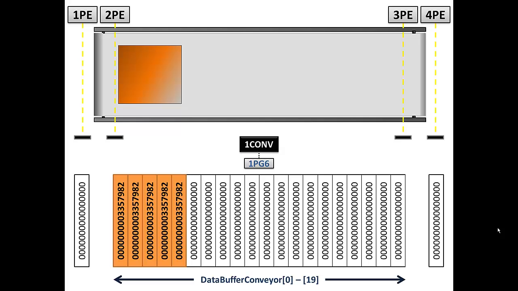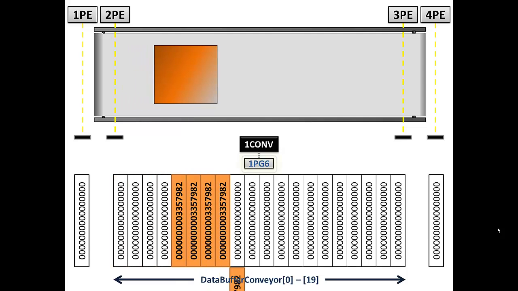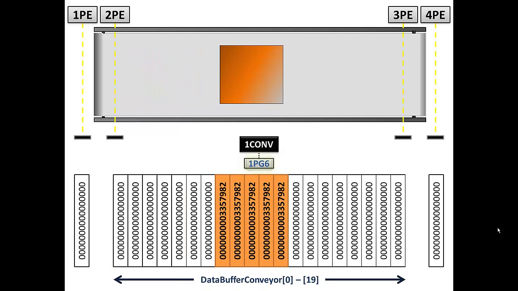I thought about adding more animation to show 2 cartons on there, but I think I'll just leave it at this. So when the belt turns on, we start getting more pulses. If you watch 1PG6, the pulse generator, you'll see that it is pulsing and moving the data between the registers.